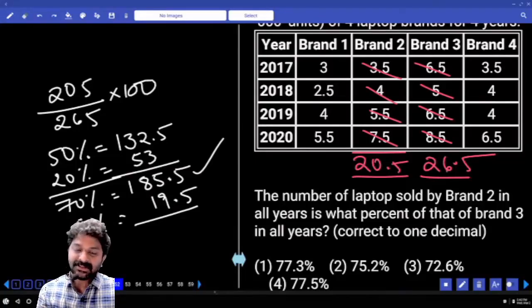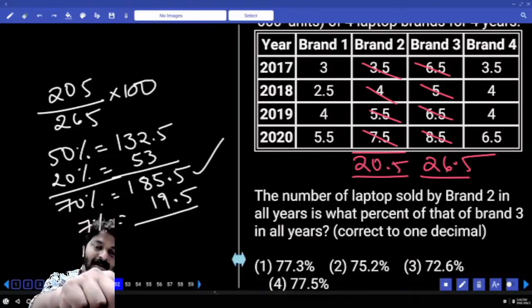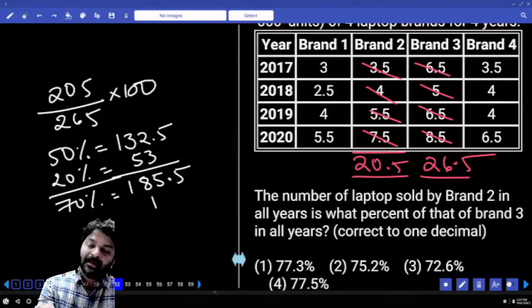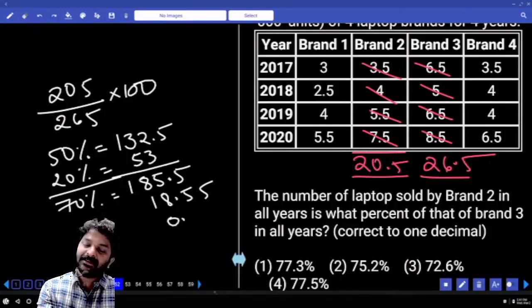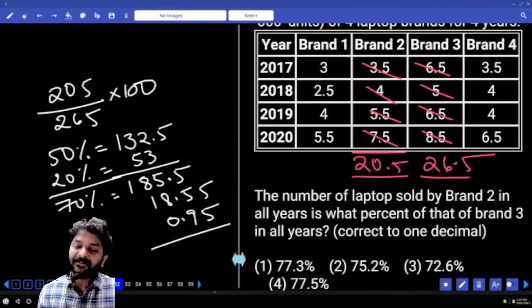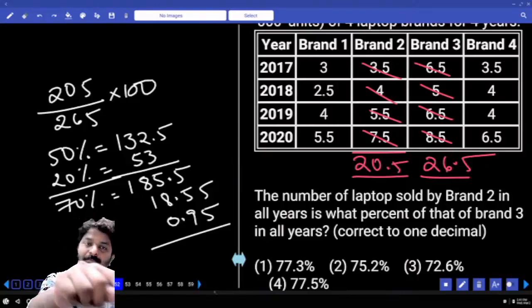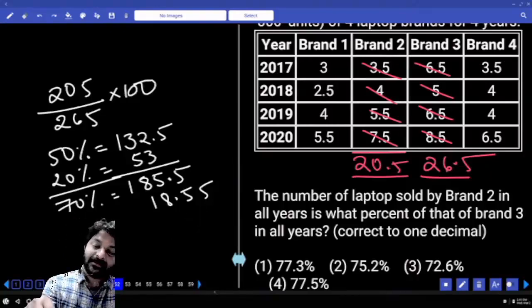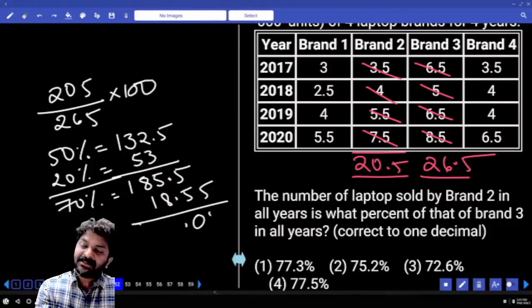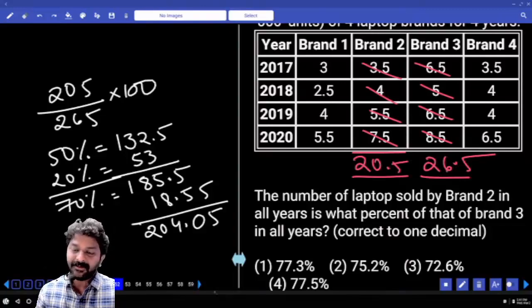Again, 2 options are there. 7% is equal to 18.55. To this we have to add again 0.95. Yes, 0.95. Something seems off. 0.5 here, 1 carry, 4, 204.05.